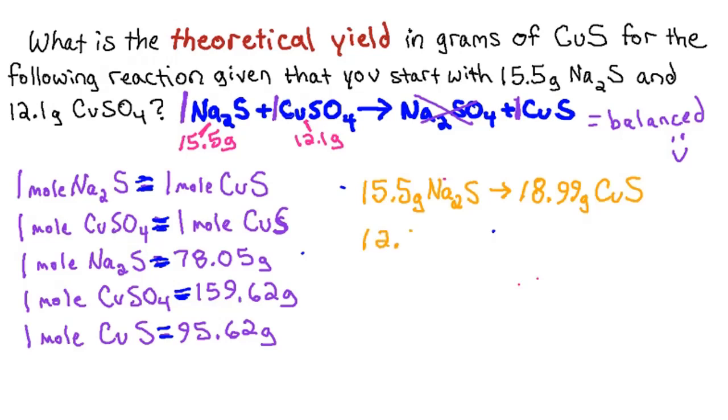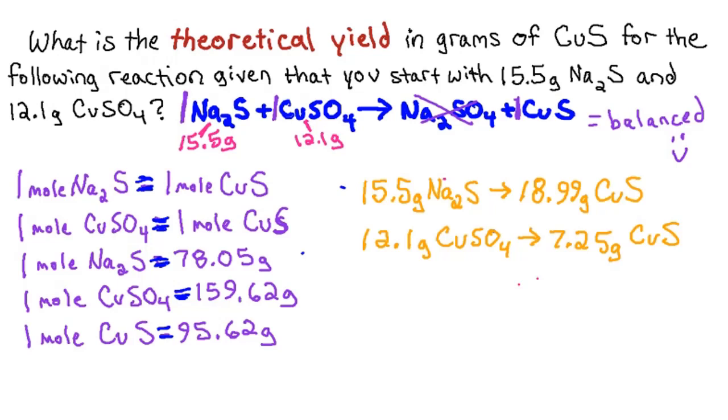But 12.1 grams of CuSO4 is only going to yield us 7.25 grams of CuS. So as you can see, these amounts of the Na2S and the CuSO4 are going to yield different amounts of CuS.